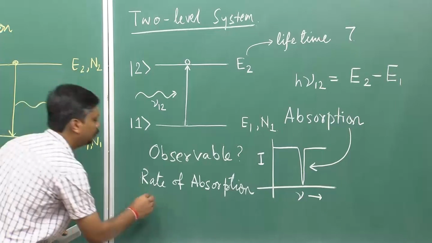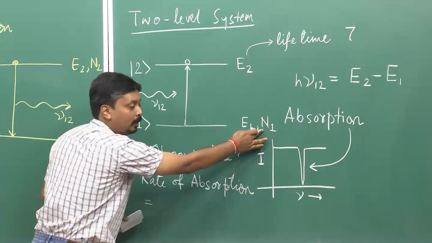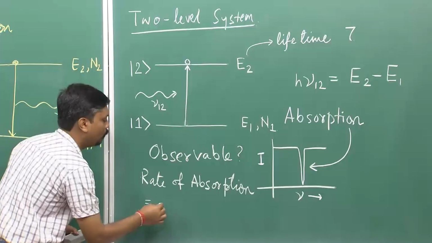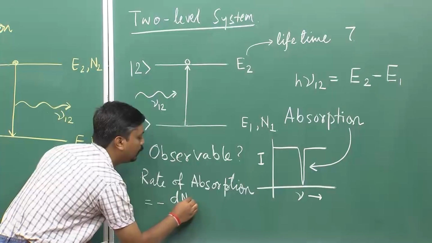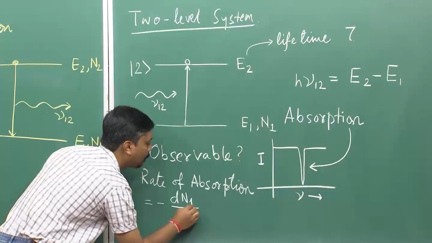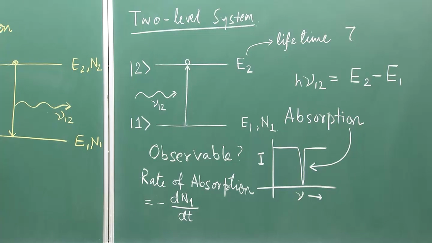So, rate of absorption is equal to the decay of the number of atoms in state 1. So, it is minus dN1 dt. This is my rate of absorption.